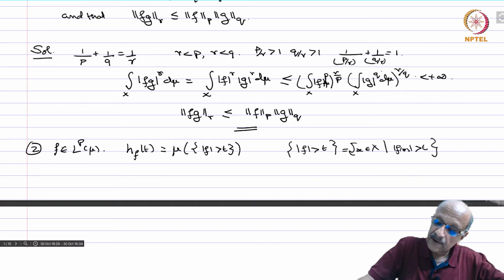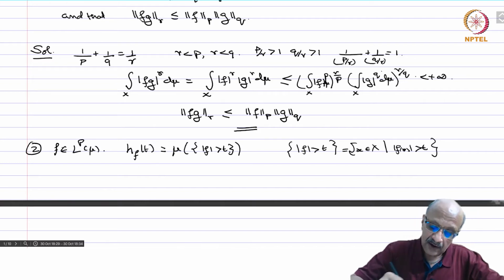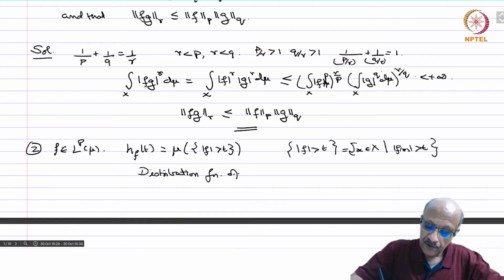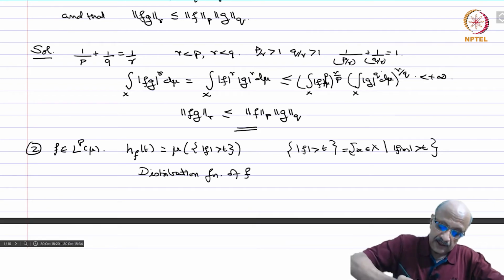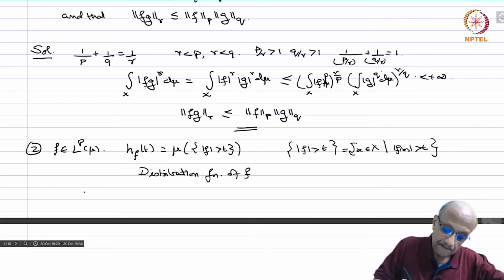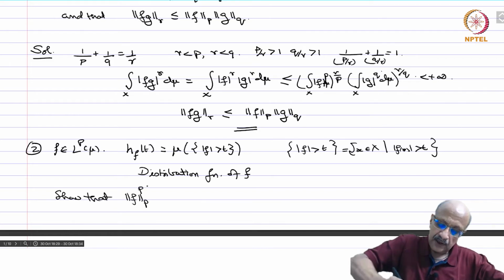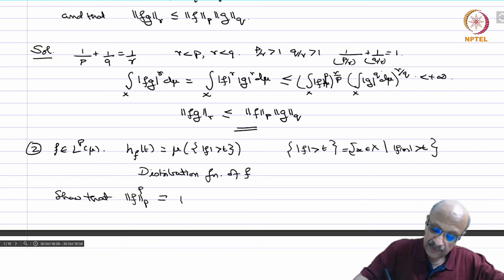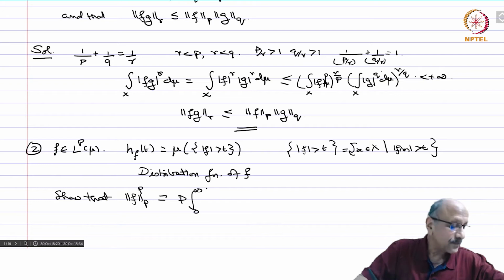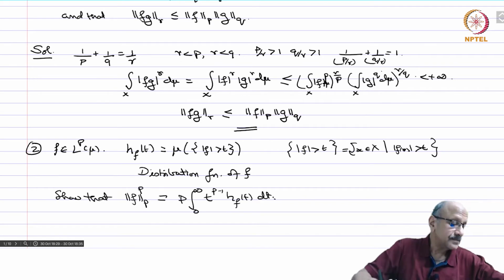This is a measurable set, and therefore its measure can be defined. This is called the distribution function of f. Show that the norm of f in L^p to the power p is equal to p times the integral from 0 to infinity of t^(p-1) h_f(t) dt.